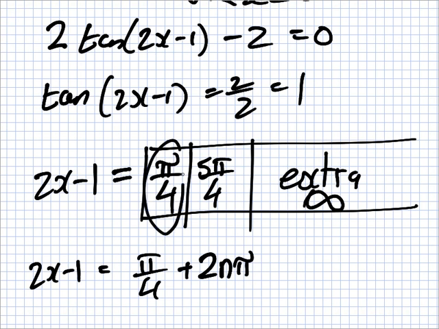This answer here is tan inverse 1, and to get the second answer, you add pi to the first answer. Only pi. And then you could also do 5 pi over 4 plus 2n pi. Now we have to define n.